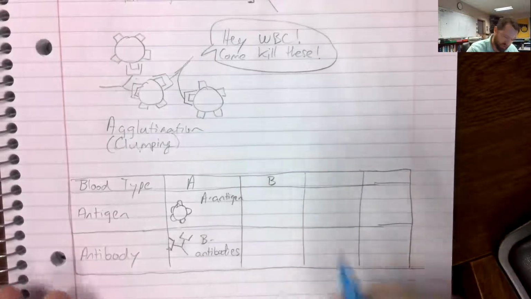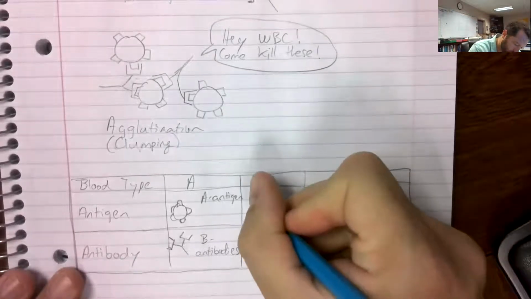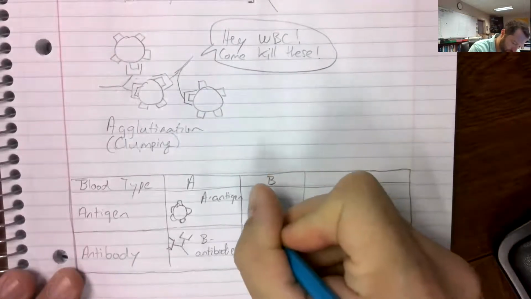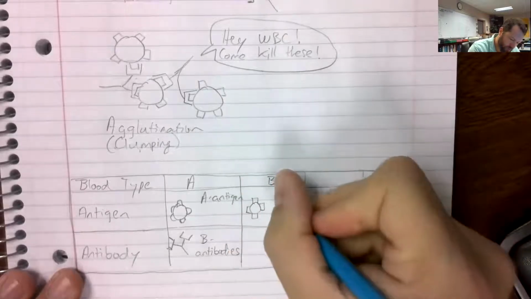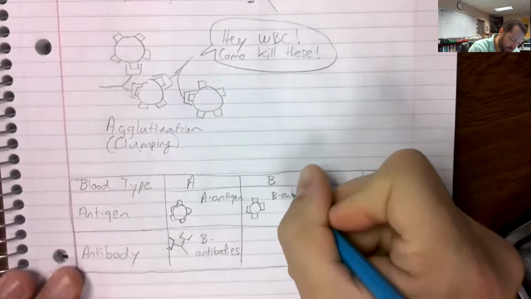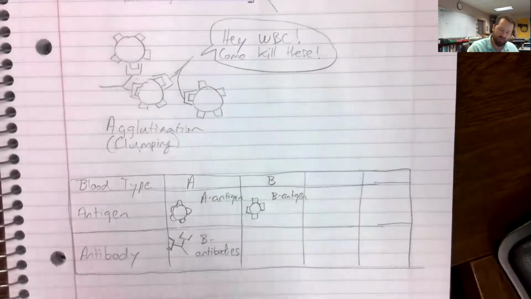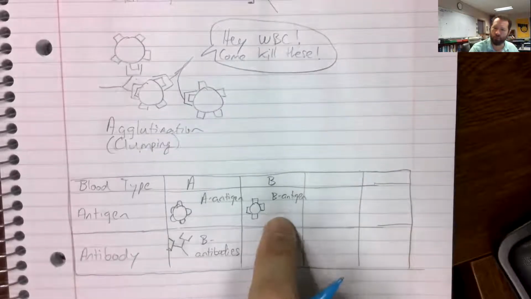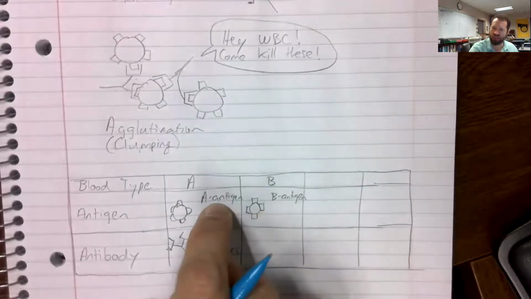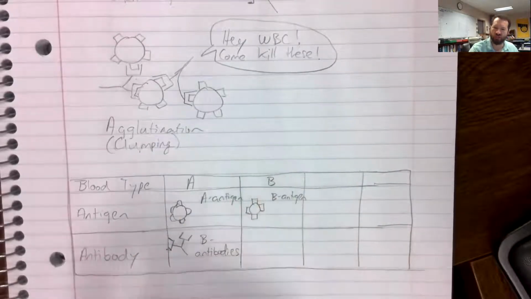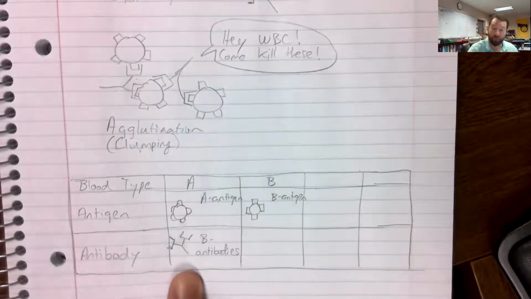Another blood type is type B. People with type B have the B antigen. Again, the type of blood that you have is determined by what type of antigen. So B antigen on B-type blood, A antigen on A-type blood. Same with the antibodies then.